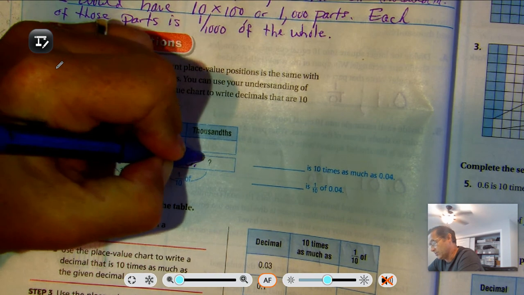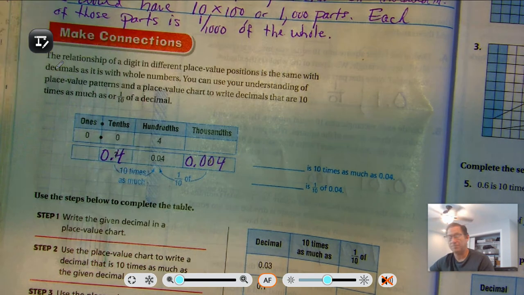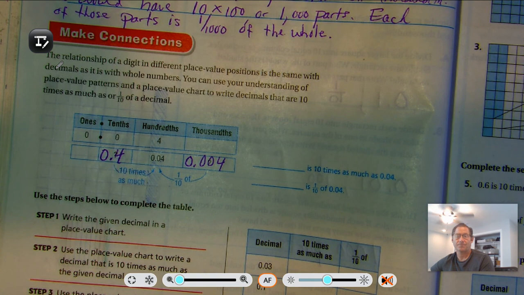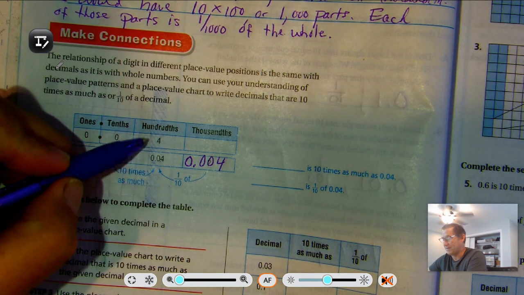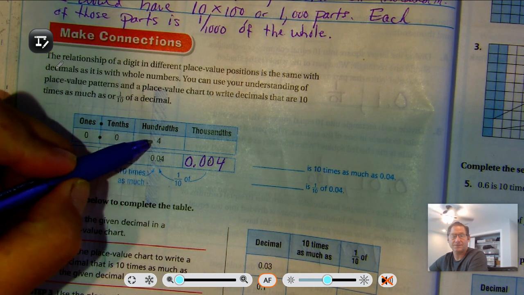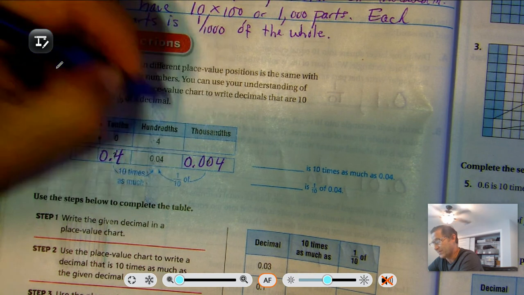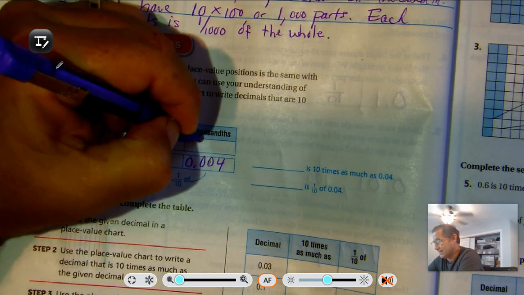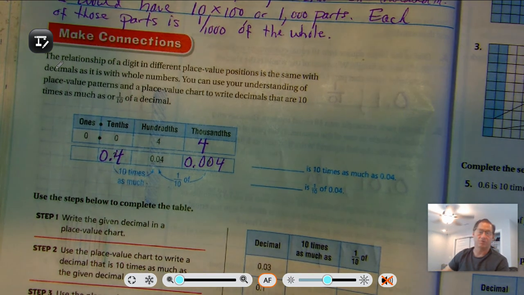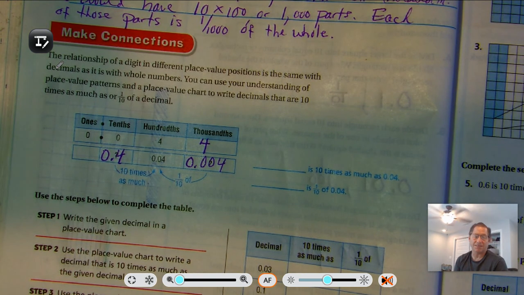And so we would write 0.004. And if we took 1/10 of 4/100, it would still be 4/1000ths in the last box.